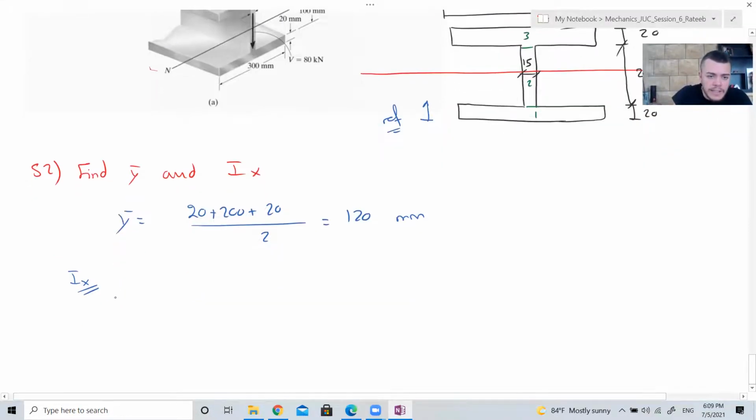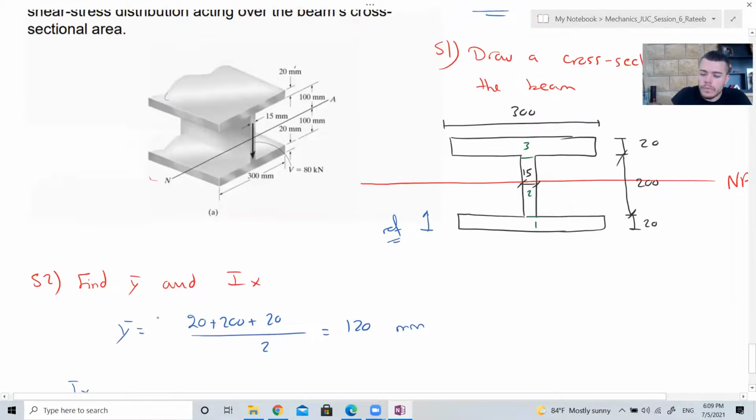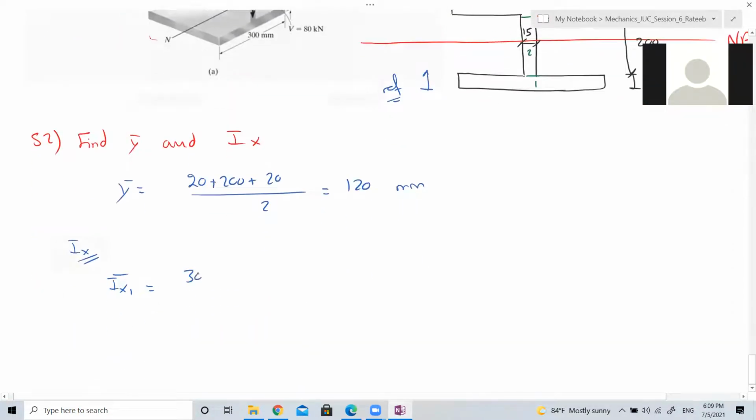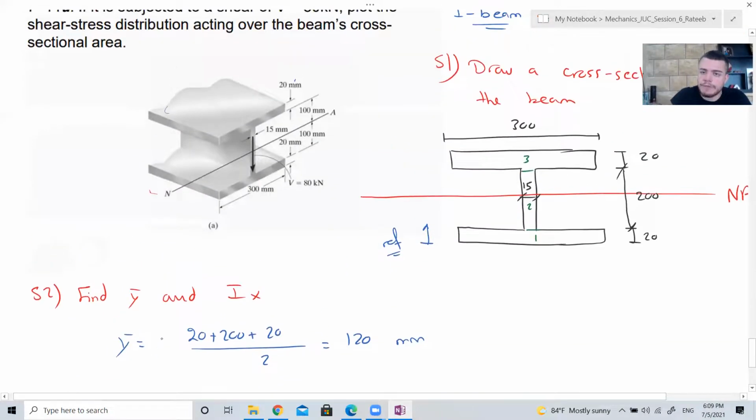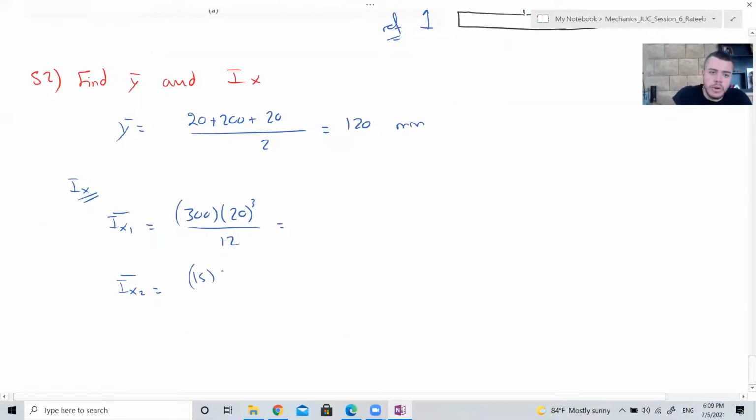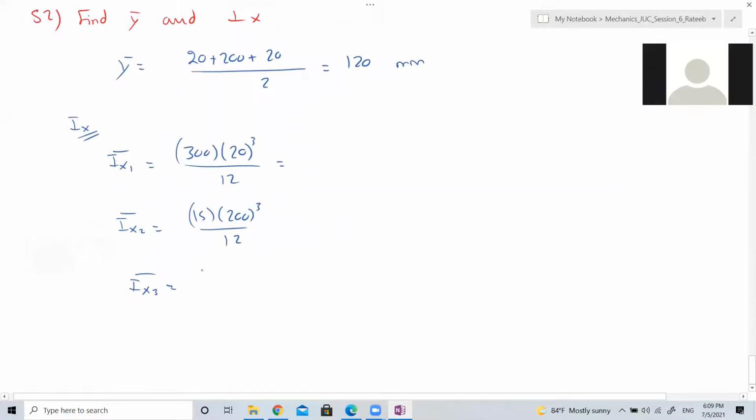What is Ix1 bar? It's 300 multiply 20 cubed over 12. Ix2 bar is 15 multiply 200 cubed over 12. Ix3 bar is also equal to Ix1.